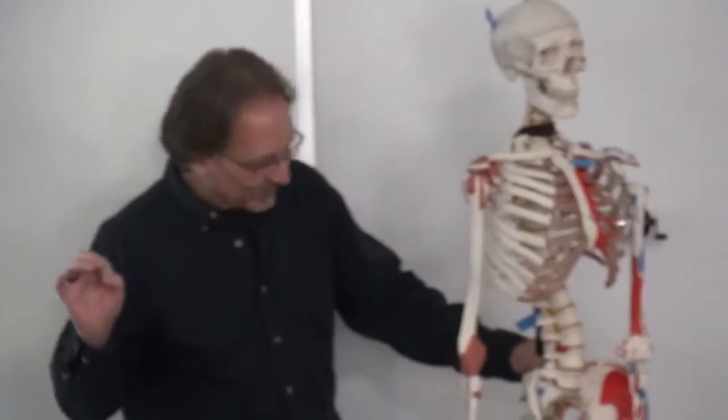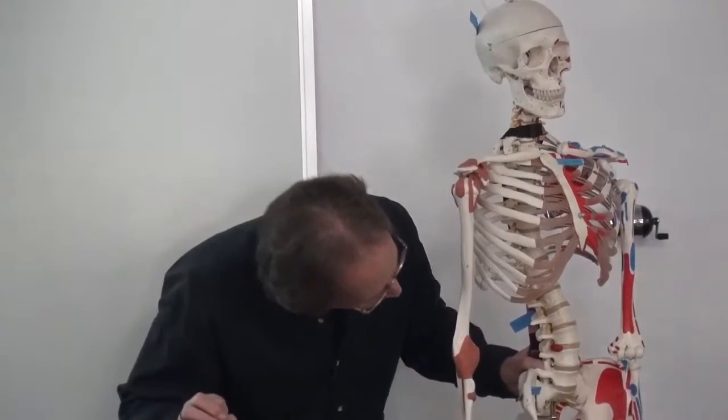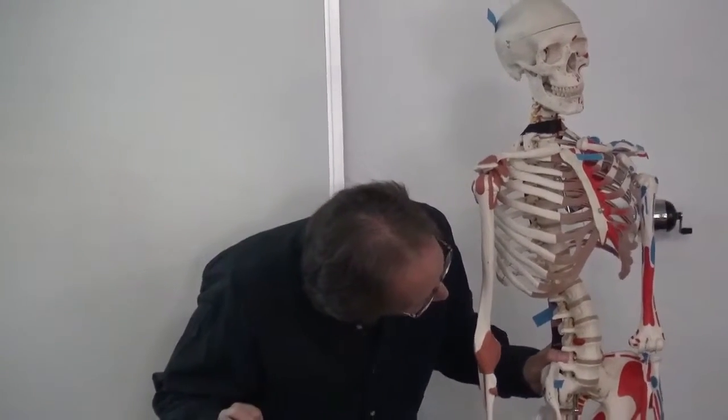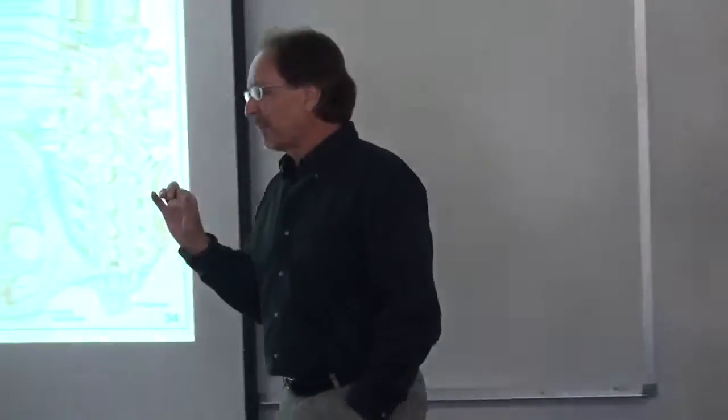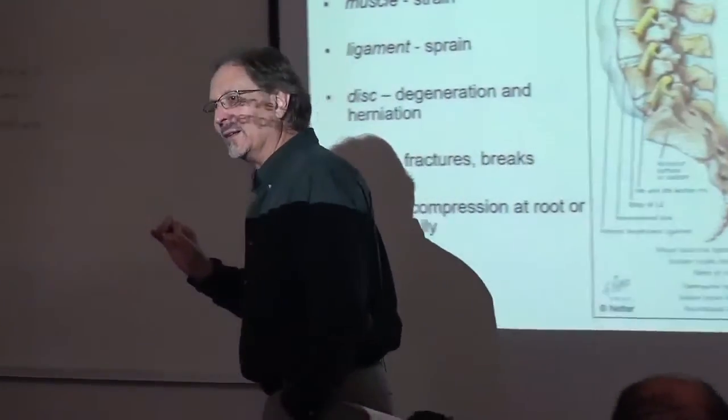In other words, narrowing of the openings of the spinal canal, of the transverse canals through which the nerve roots pass, and degeneration or narrowing of those causes a compression of the nerve root as well.